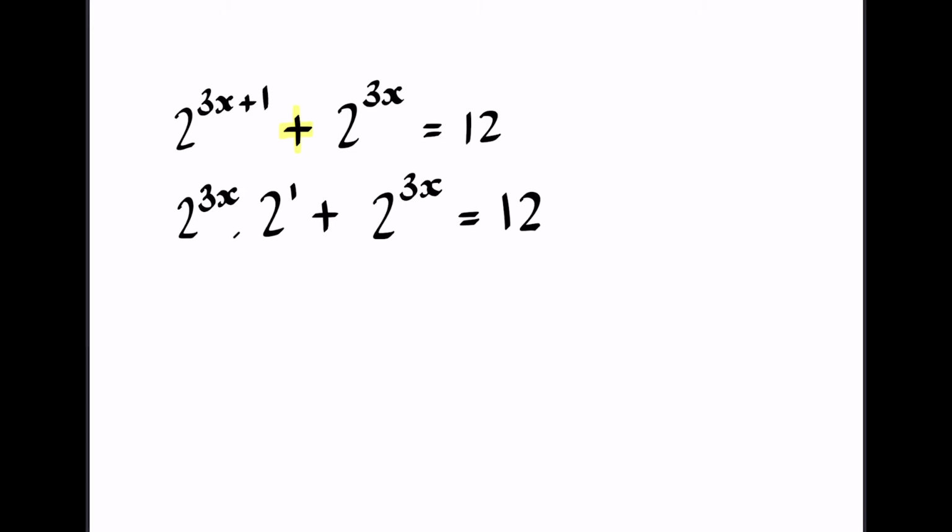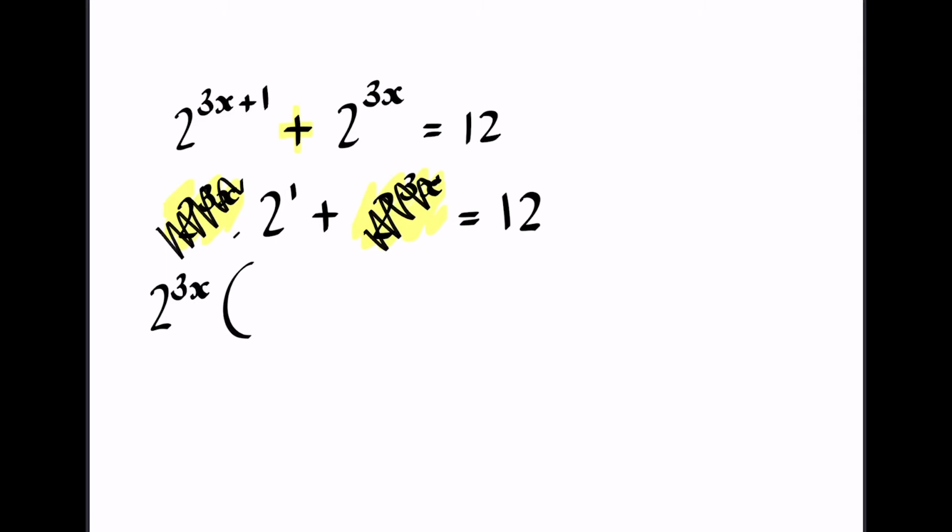All right, now we can clearly see that we have 2 to the power of 3x on that side of the plus sign, and we have 2 to the power of 3x on that side of the plus sign. So that means that I have a common factor of 2 to the power of 3x, which I can then take out. Now, if you can imagine, don't scribble on yours because you don't have an undo button like I do, but I'm going to take out those 2 to the power of 3x's.